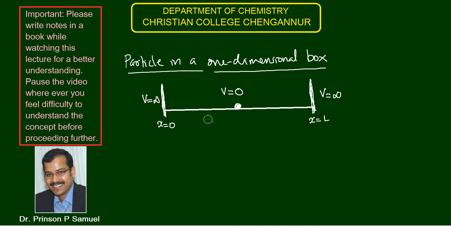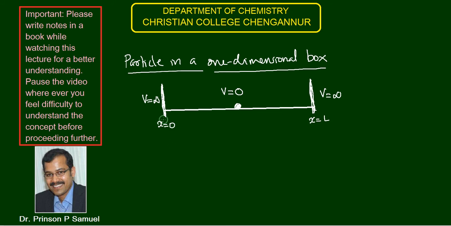Here the particle is confined to move only from x is equal to 0 to x is equal to L, and nowhere else can the particle move. So that is why we call this a one-dimensional box. In this one-dimensional box the particle is confined to move. Now we are going to treat this one-dimensional box system quantum mechanically.